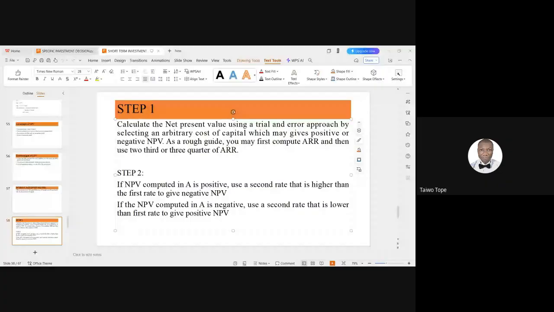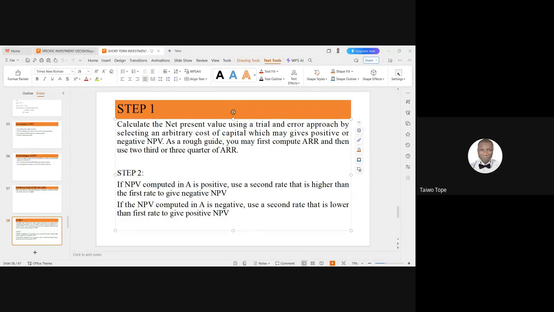So, talking about the advantages of internal rate of return, what are the advantages that you can think of associated with the internal rate of return? The advantages, number one, we can look at the issue of time value of money. We can say that internal rate of return accounts for the timing of cash flows and time value of money.